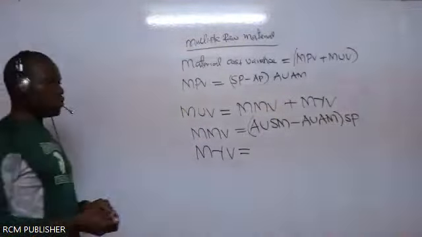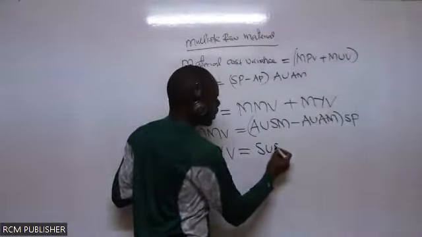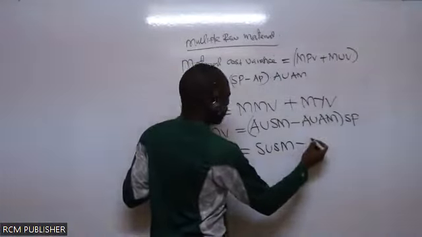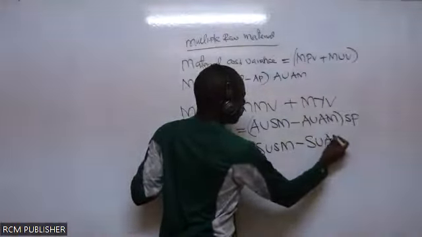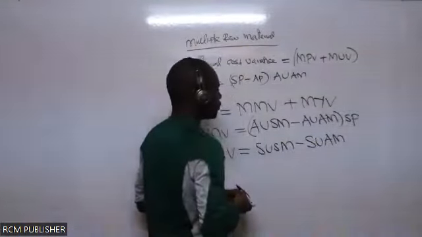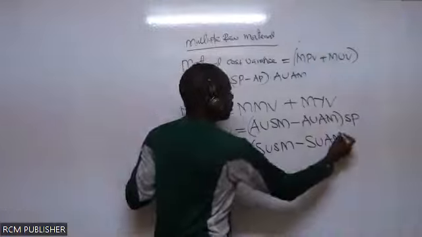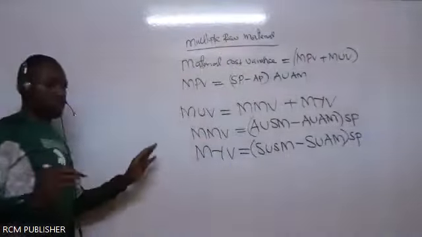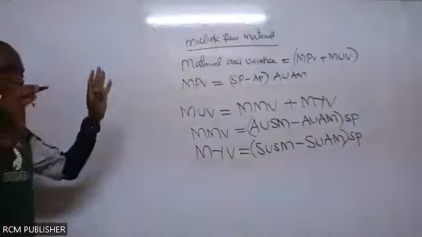So that's where we apply standard usage in standard mix minus standard usage in actual mix. Then we multiply by the standard price. That is what you need to put in place.